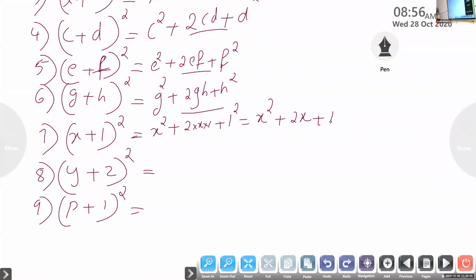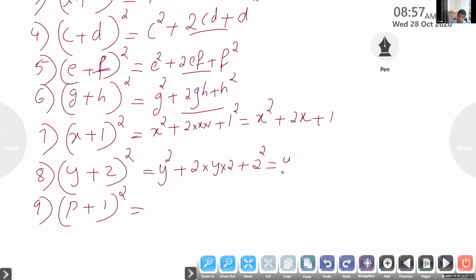And Y plus 2 the whole square will be? Y square plus 2 into y into 2 plus 2 square.